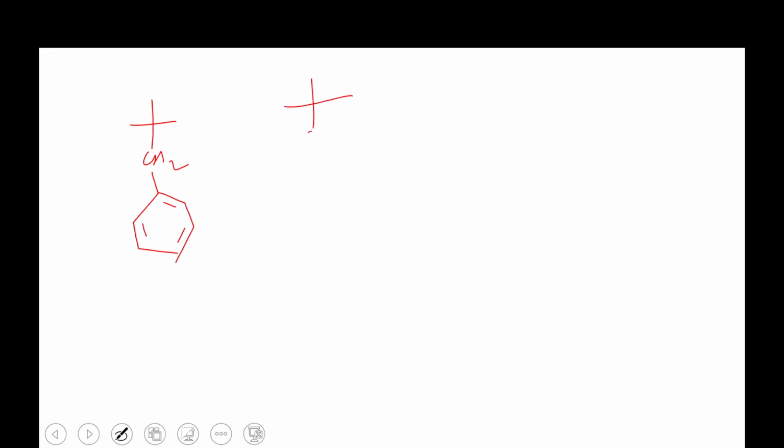So we have these aromatic amino acids. In aromatic amino acids, what happens? This is my structure, there is a benzene ring attached to that. This is my phenylalanine. Then we have tyrosine, and we have tryptophan.